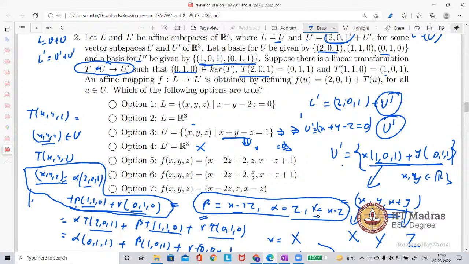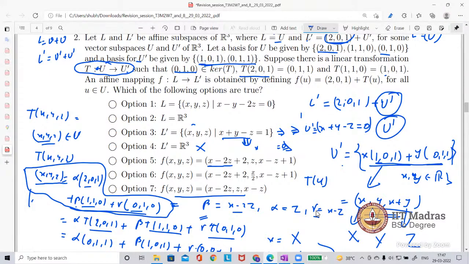Shortcut means, from here, if you substitute 0 here, what does it mean? What I mean to say is, if you want to find this, see, your T will decide F. So T you got exactly.